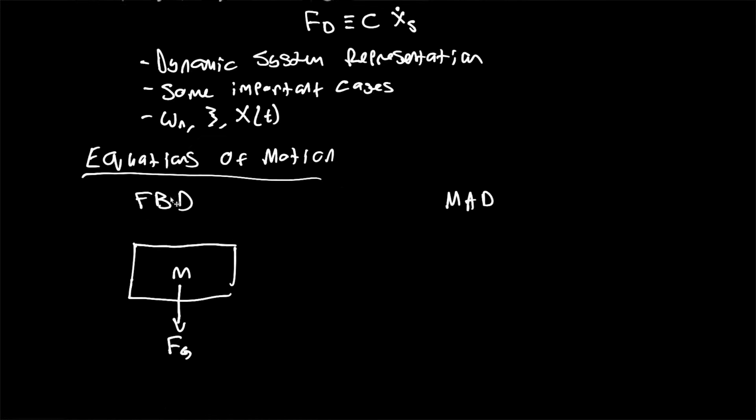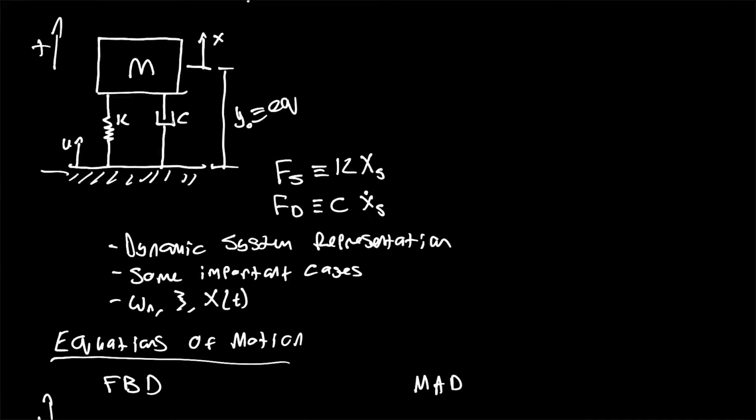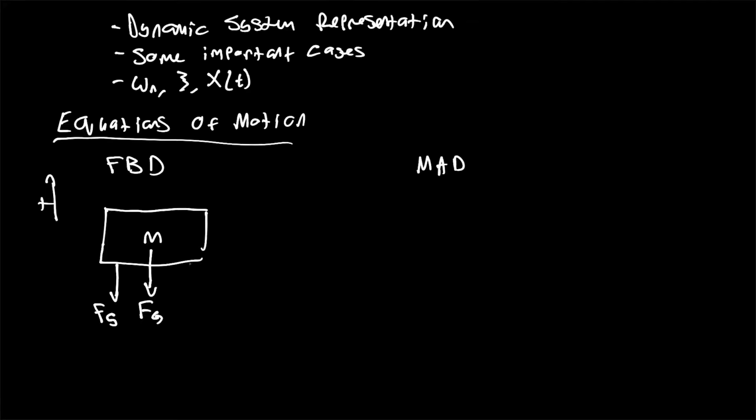Therefore, our force of the spring is going to be acting down here in the negative direction. And if we have a positive x velocity, the damper is going to be resisting that velocity, so once again we're going to have a force that is acting in the downwards direction. Call that Fd for damper.